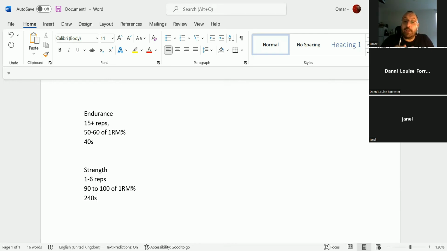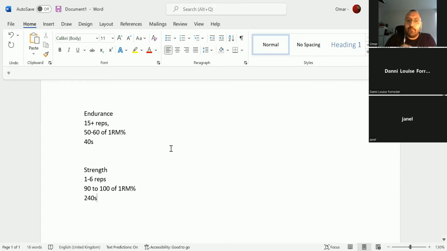Generally speaking, the heavier they lift, the fewer reps they do, and the more rest they need to take. This is why in bodybuilding gyms, most of the time you see people walking around the machines, because they lift very heavy weights and then have to take long rests to give their body a chance to recoup. Okay, so there you go.